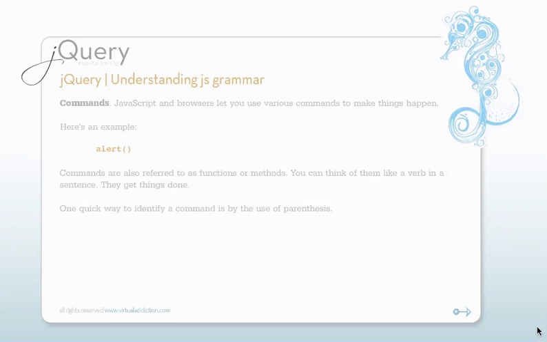The commands are usually referred to as functions or methods, and they are kind of like verbs in a sentence. They're the things that are going to get things done. There's all sorts of different commands in JavaScript, and throughout this jQuery course we're going to be looking at quite a few of them. One quick way to identify a command within a program is by the use of parentheses. So when you see parentheses, that is your visual clue that this must be a command.